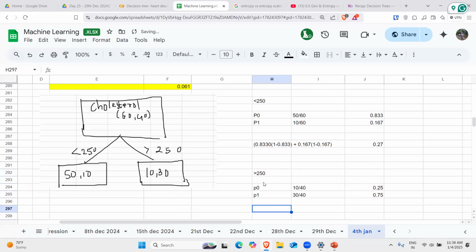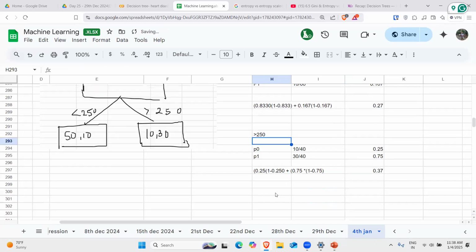Now let's do the calculation. 0.25 into (1 minus 0.25), plus 0.75 into (1 minus 0.75), which is 0.37.